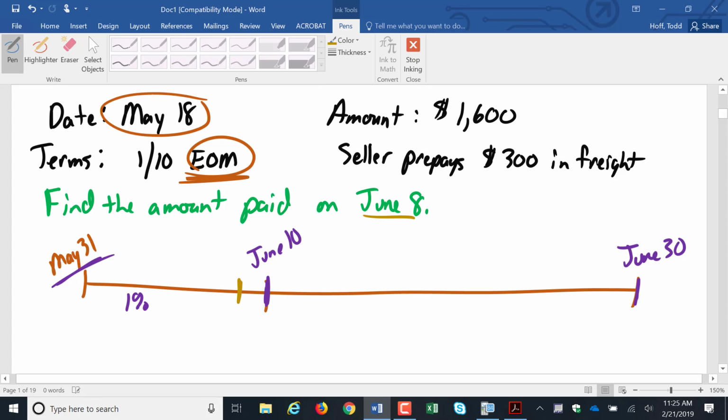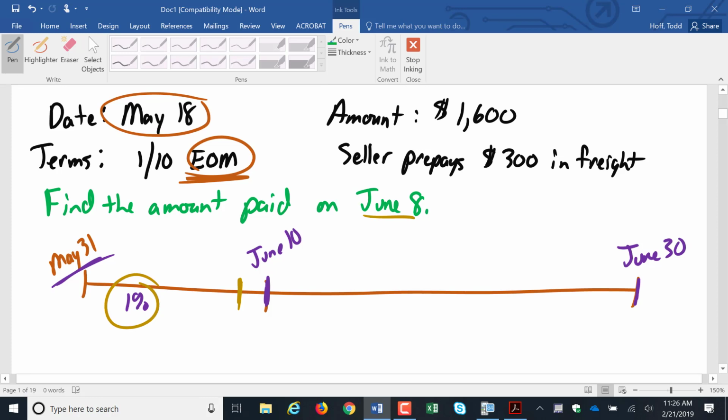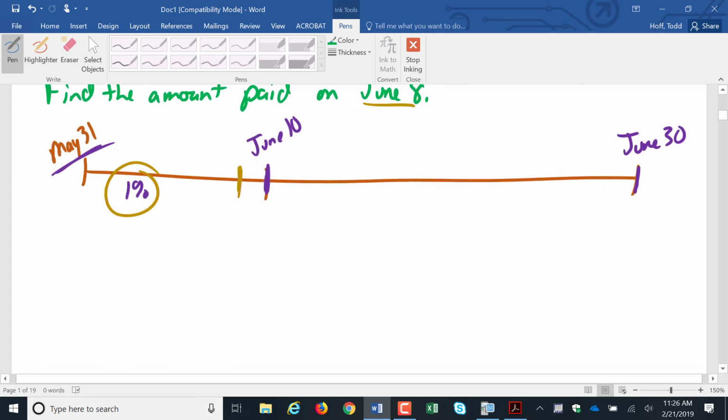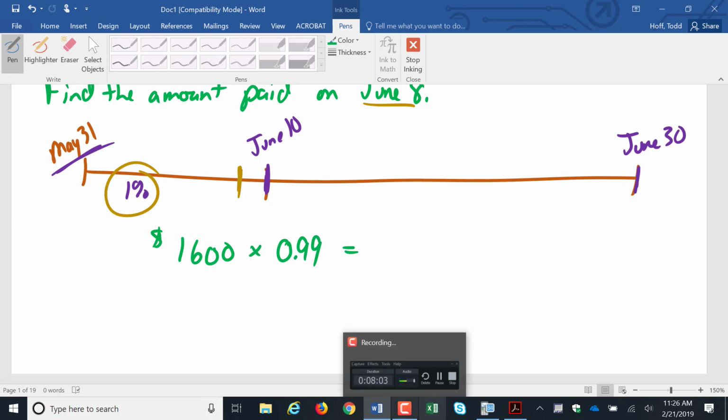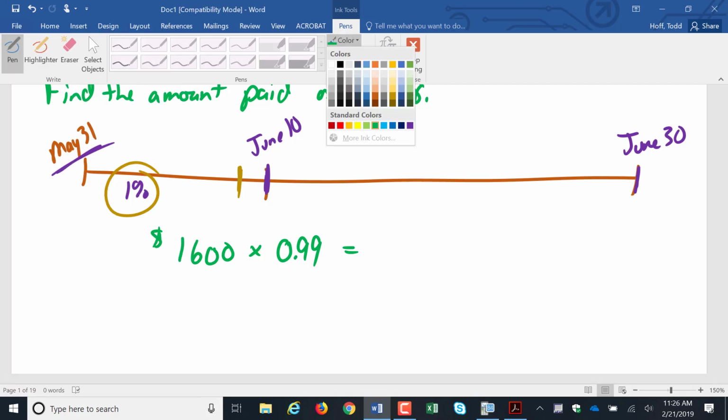June 8th, of course, falls within that discount period, so they do get the 1% discount. So remember, 1%, we use the complement. 100 minus 1 is 99, so we're going to use 0.99 here, times our $1,600 invoice, which is going to give us $1,584.